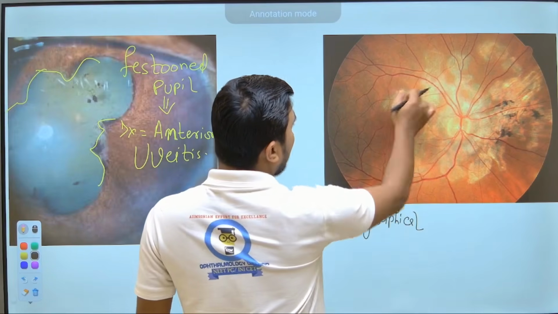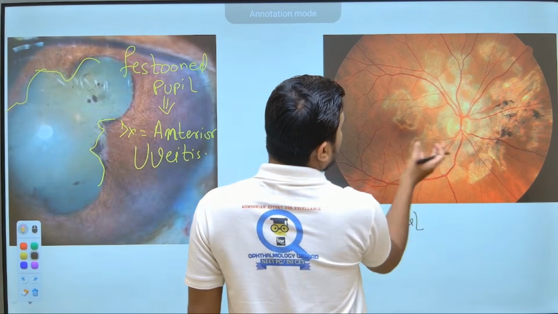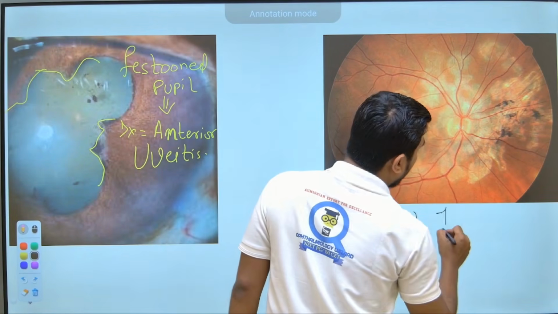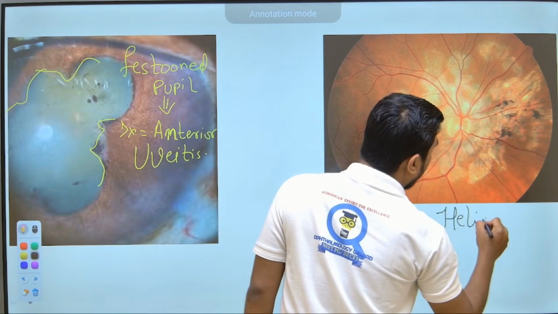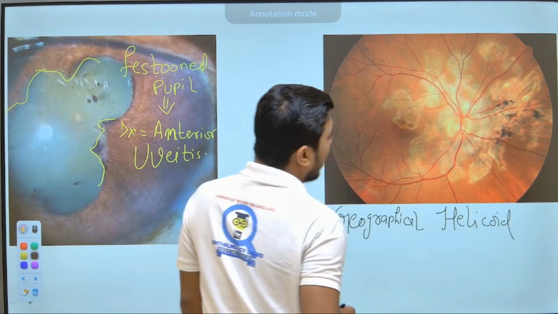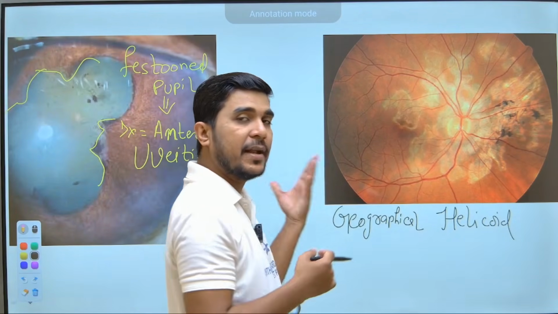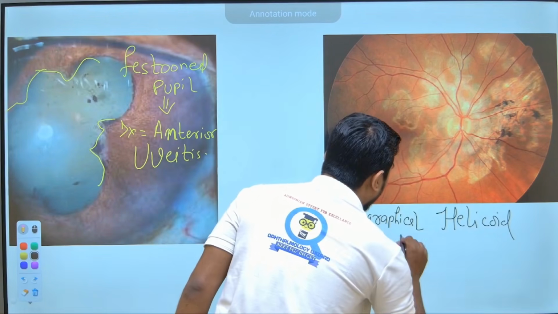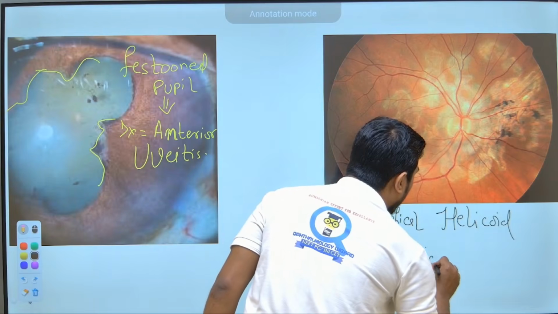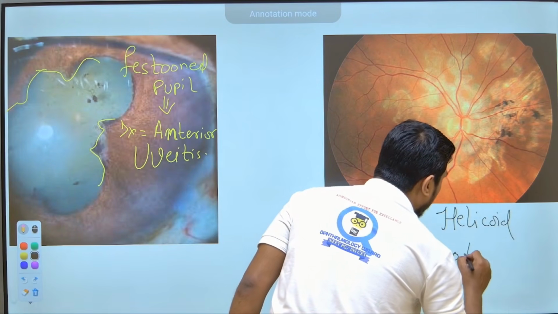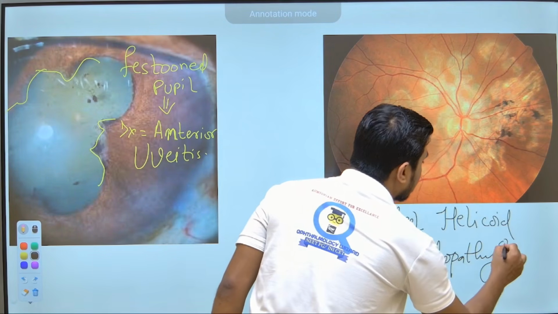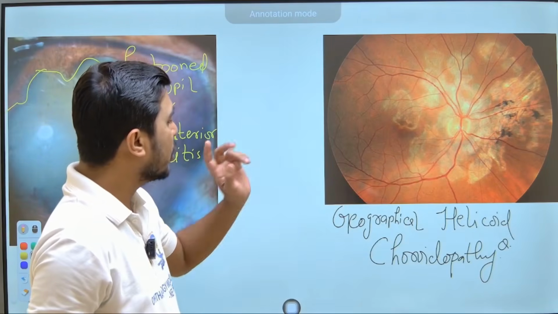And this is serpentine, like a snake, going everywhere. This is also helicoid. And it is not from the retina but behind the retina, and behind the retina is the choroid. It is called choroidopathy. So basically, this question is geographical helicoid choroidopathy.